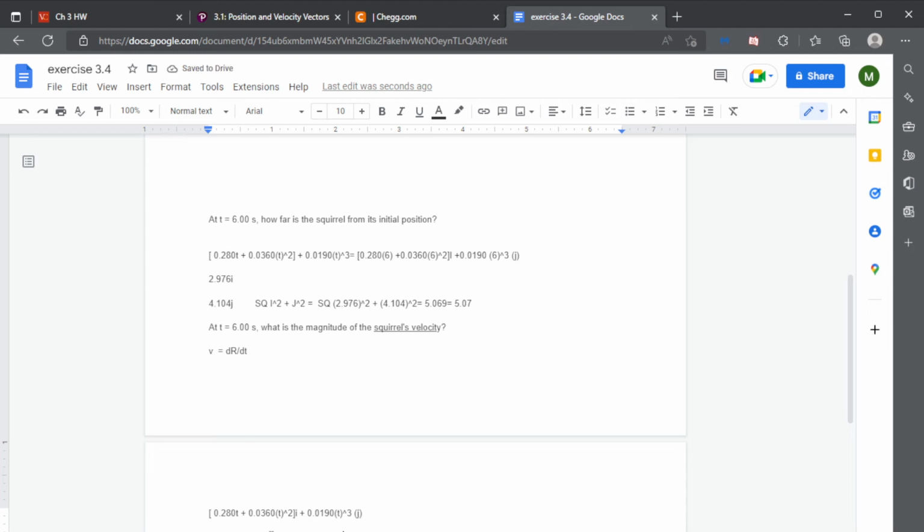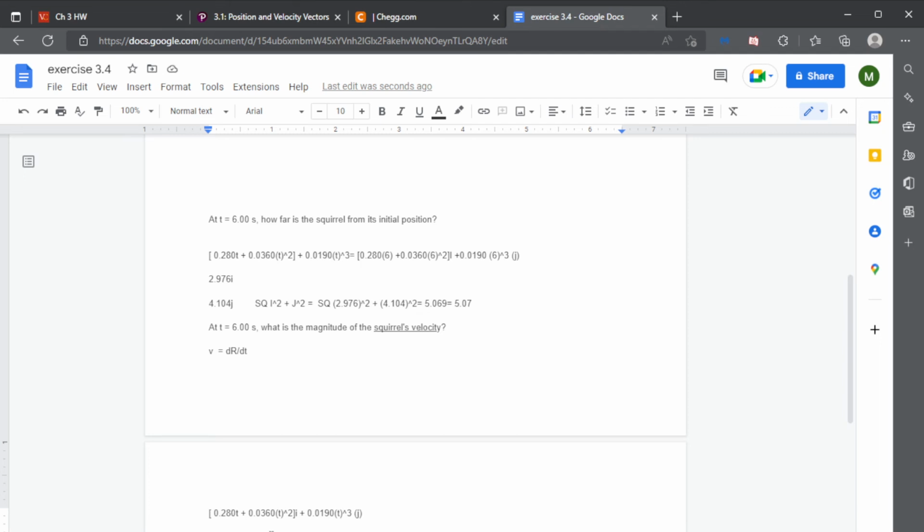We will get ourselves 0.712 i plus, for j, we'll get 2.052 j. Remember, same thing as what we did for the position, because this is a set of rules that we need to follow to also find the velocity.